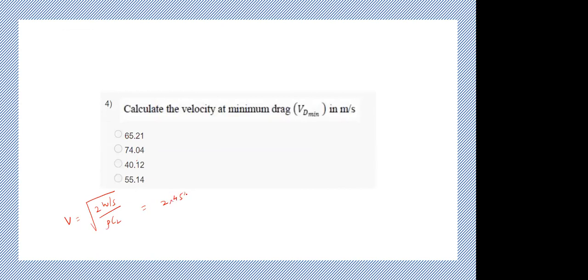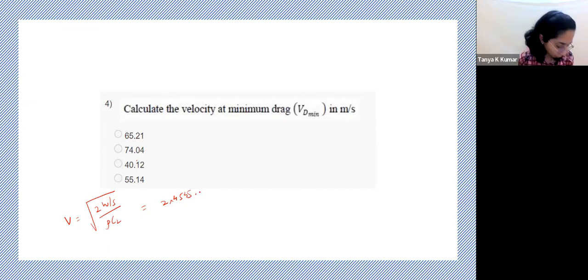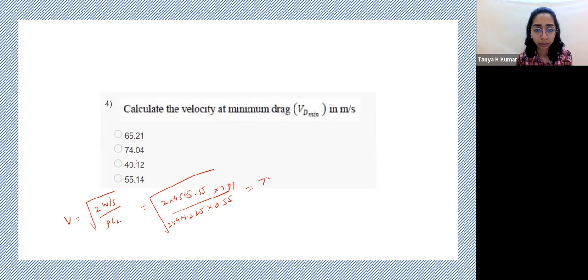Okay. 4535.93 into 9.81 by 1.225, and CL was around 0.55. There's also an S here, so that's 23.9, square root. It comes to 74.04 meter per second. Okay, so second option, he's right. That is the right answer.